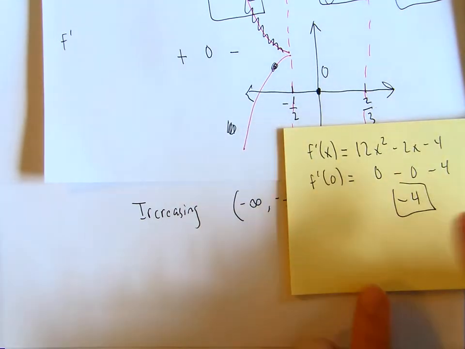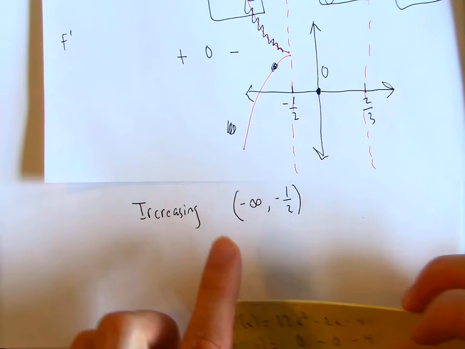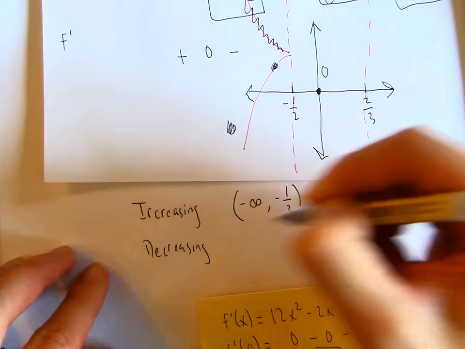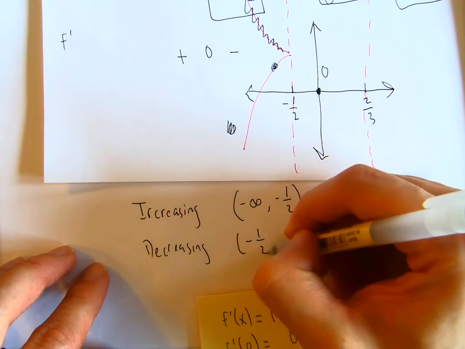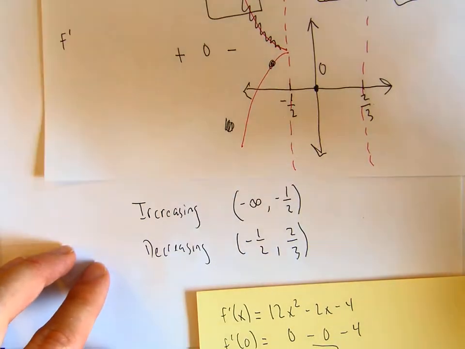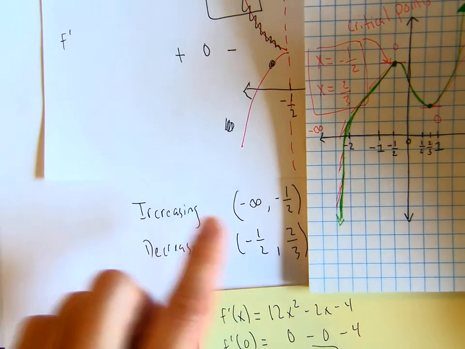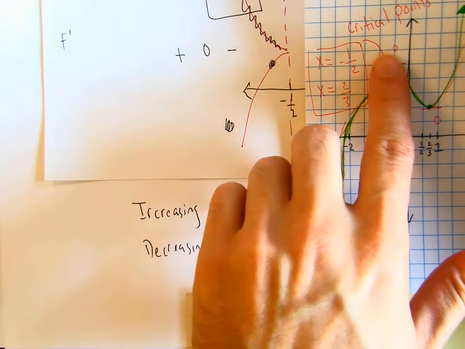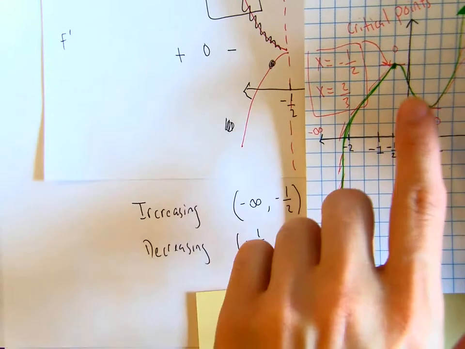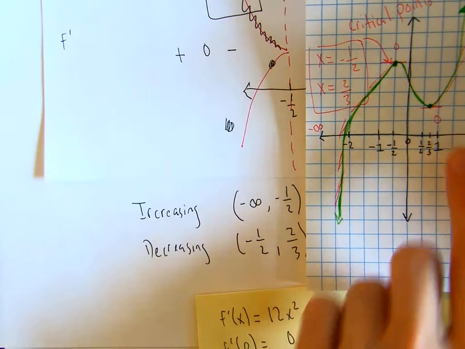Notice that because I have a negative value, you know that the graph is going to be decreasing between negative a half and 2/3. If we look at the graph, you see how the graph is increasing from here to here. It's decreasing from negative a half to 2/3, and then it's going to increase past 2/3.